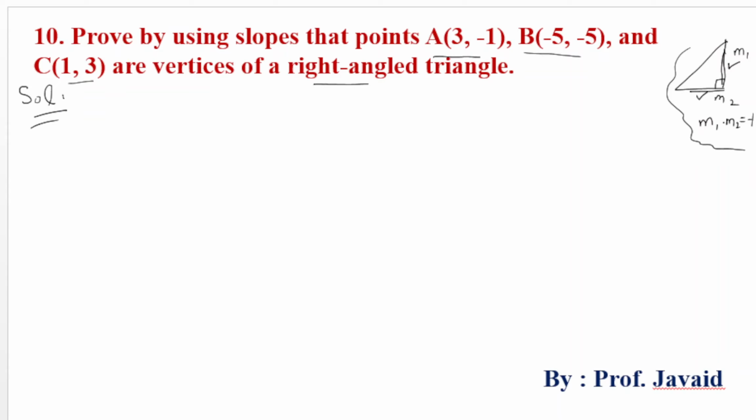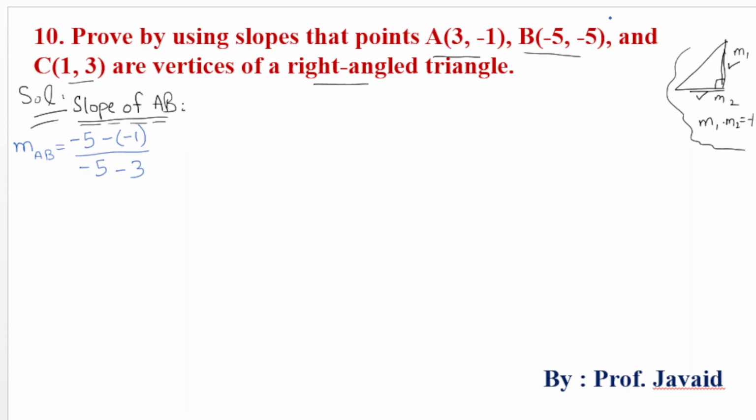So let's start. Let me write the slope of AB first of all. Slope of AB is equal to y2 minus y1 over x2 minus x1.